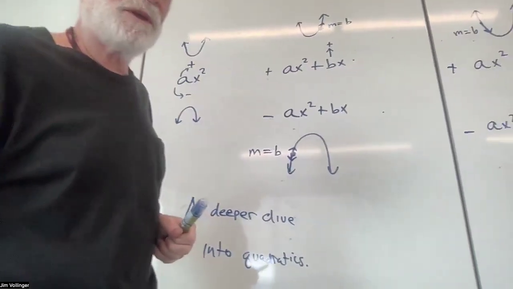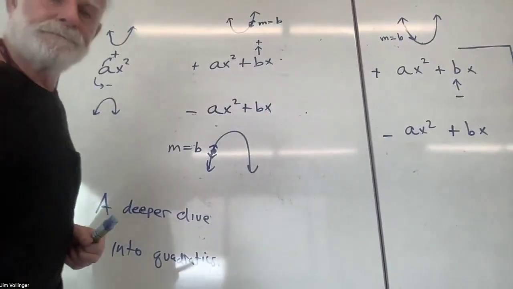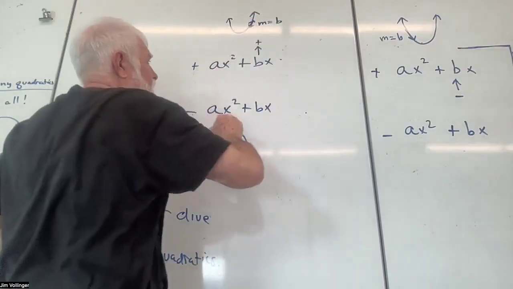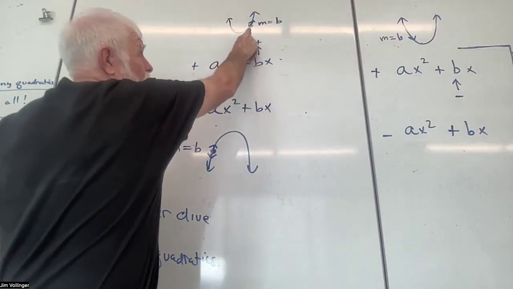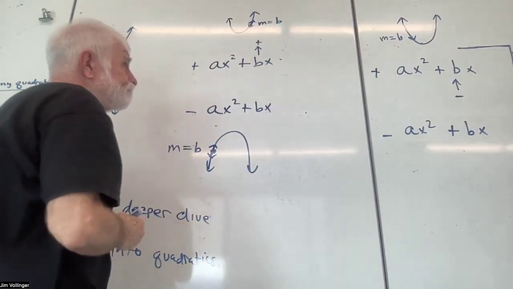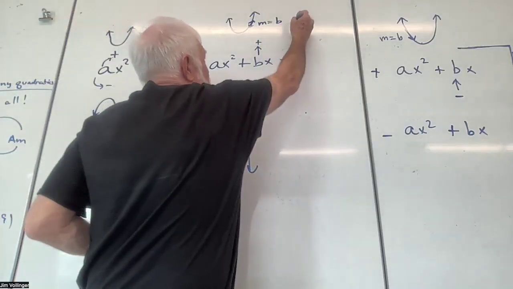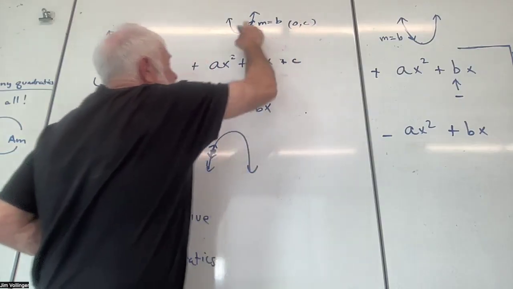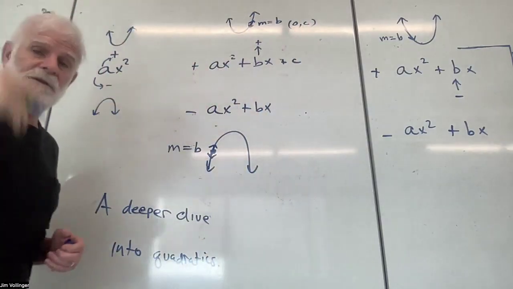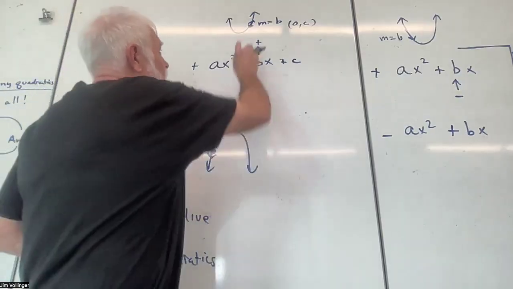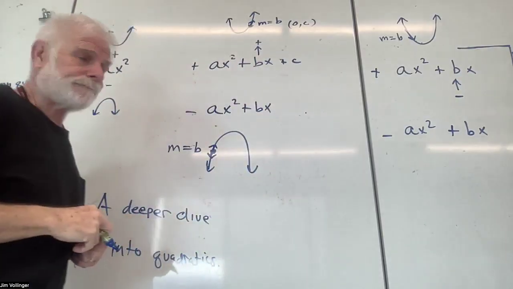Throwing the next term in, let's add a bx term. If a is positive, cup shape up, and if b is positive, you're on the increasing side. And of course, that means b is the rate of change at that location.